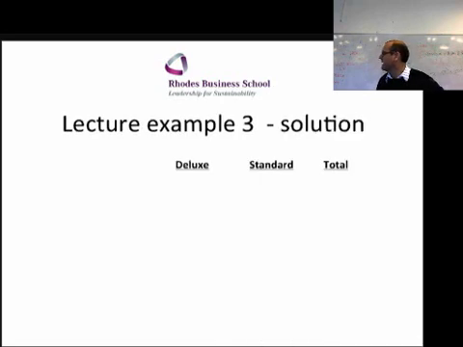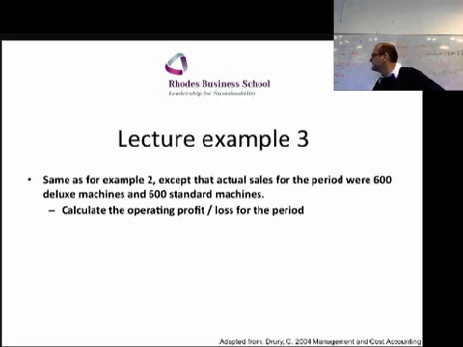It's the same as example 2, except that the actual sales for the period was 600 deluxe and 600 standard machines. Remember what we said our break even was? It was 800 of the deluxe, 400 of the standard, giving us a total of 1,200 washing machines that we need to sell. Guys, in this example we say we sold a total of 1,200 machines.